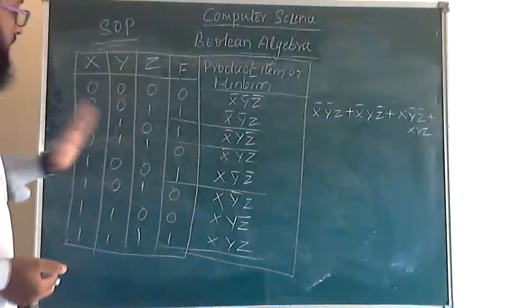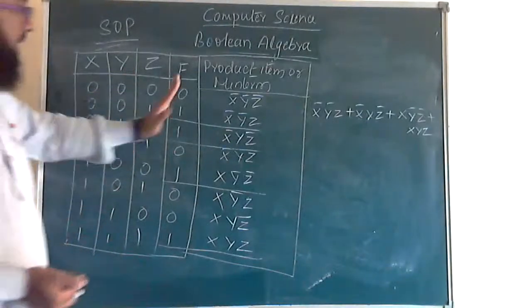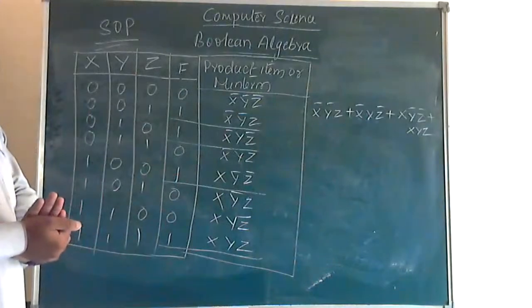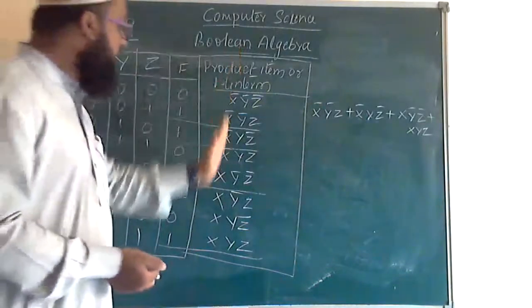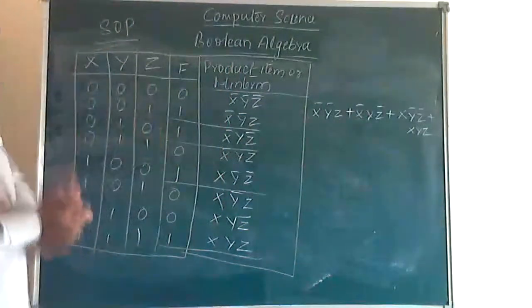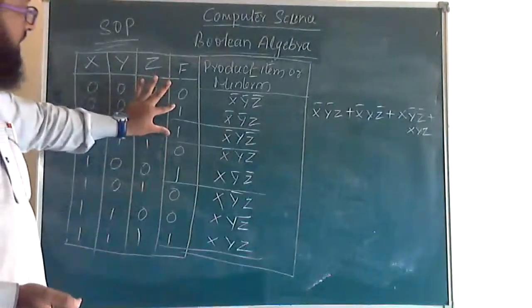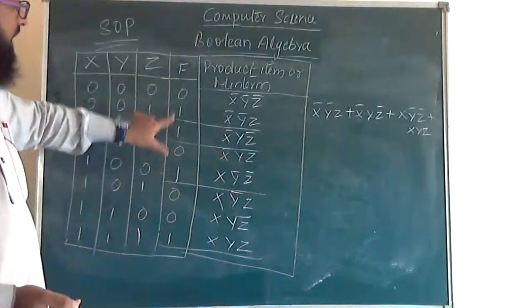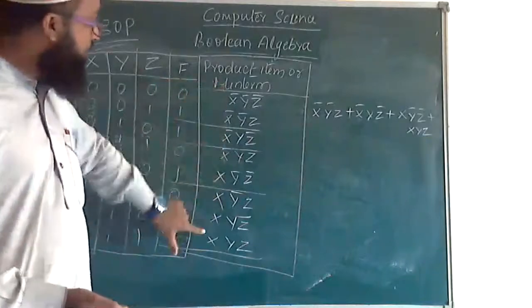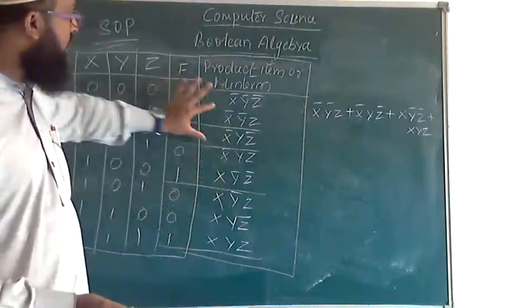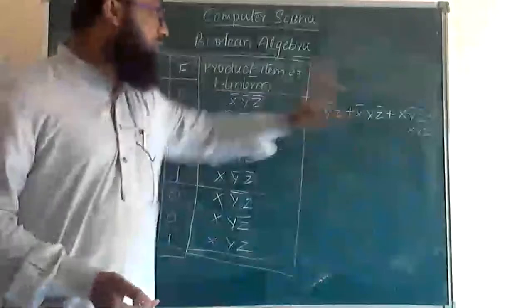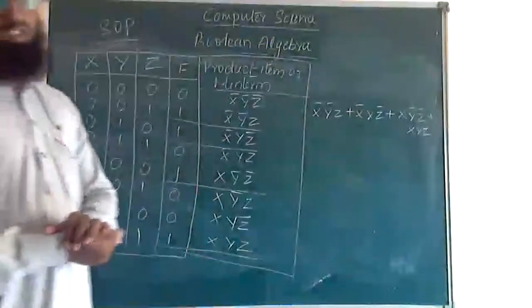Then create a truth table for the values. Then find the result according to the rules. Then write down the product terms based on the inputs. After that, wherever the result is 1, write down the min terms or product terms of that result. Then you will get the canonical SOP form.